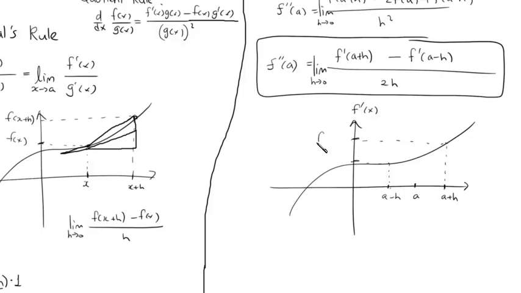So this is f dash of a plus h, and this one is f dash of a minus h. And because we proved the relationship with the first derivative, this just works fine for the second derivative as well.